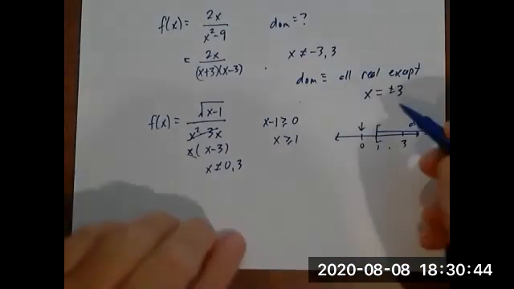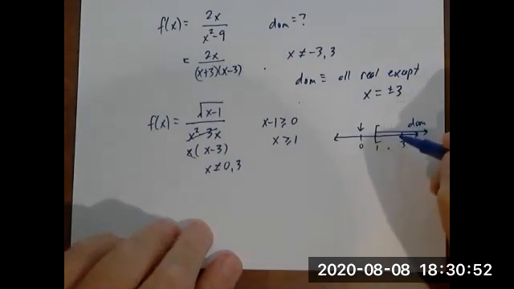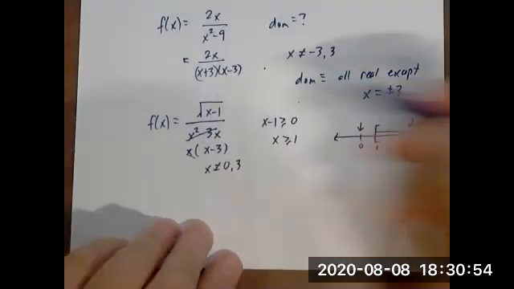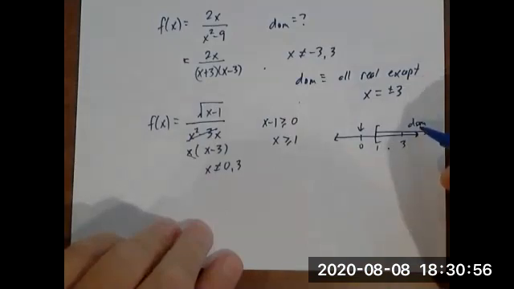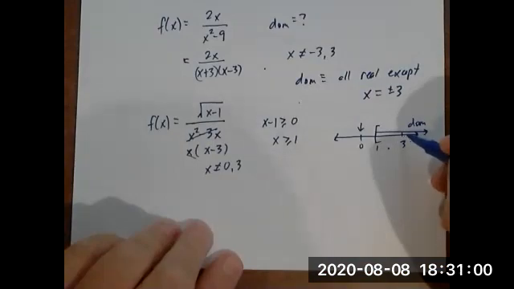So what does that mean? Well, if I start at 1, all the numbers between 1 and 3 are fine. They work fine both in the square root and the denominator. So those are okay. It's just when you get to 3 that you have a problem.